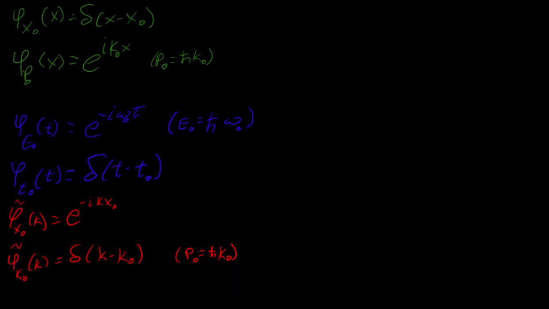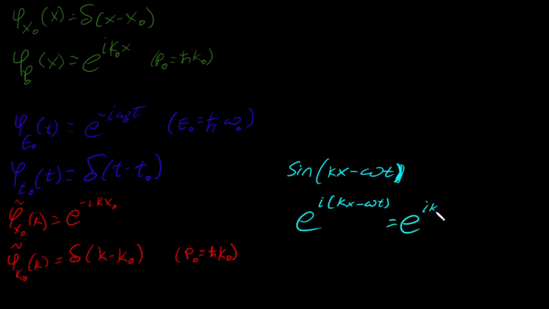The general form for a wave, if you remember a video about mechanical waves, would be sine or cosine of kx minus omega t. Or in terms of exponentials, which are the more general way of writing waves, this is e to the i kx minus omega t, or also e to the i kx minus i omega t.